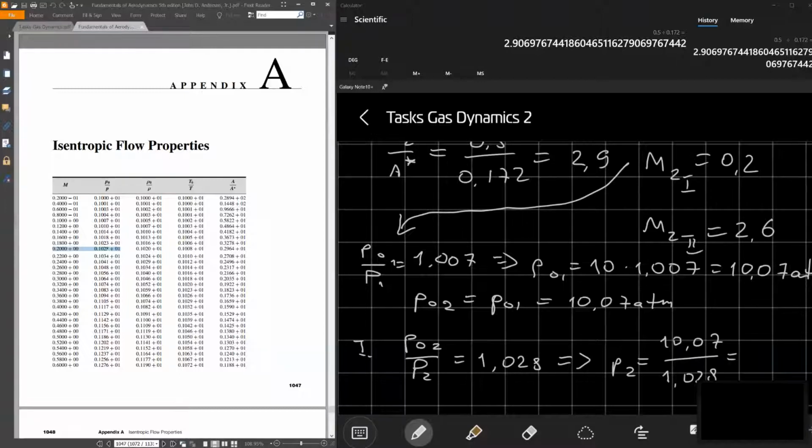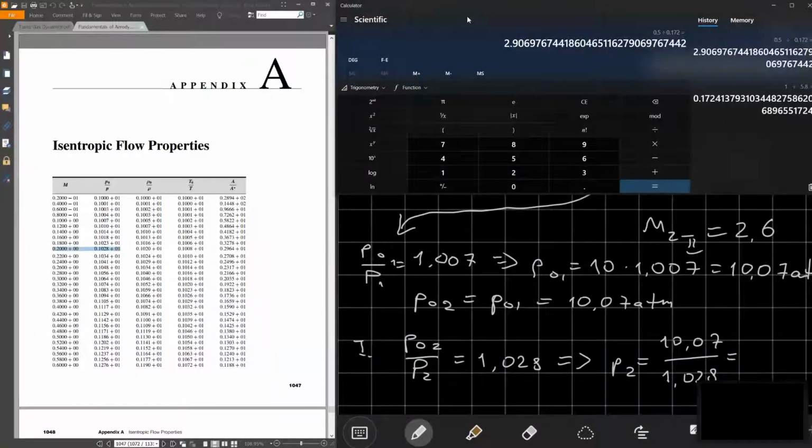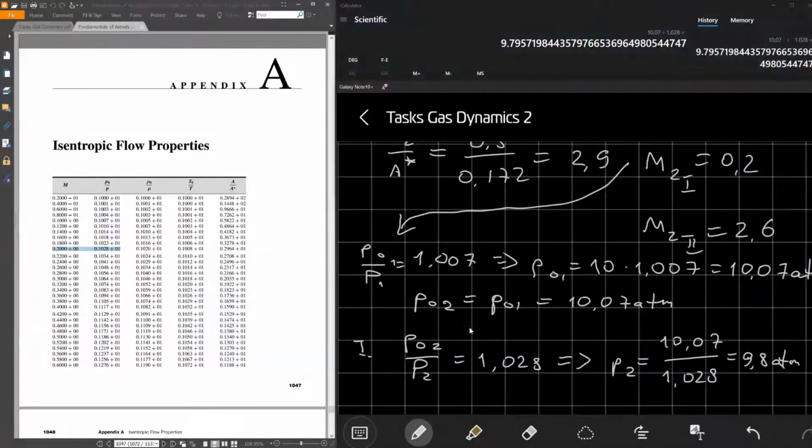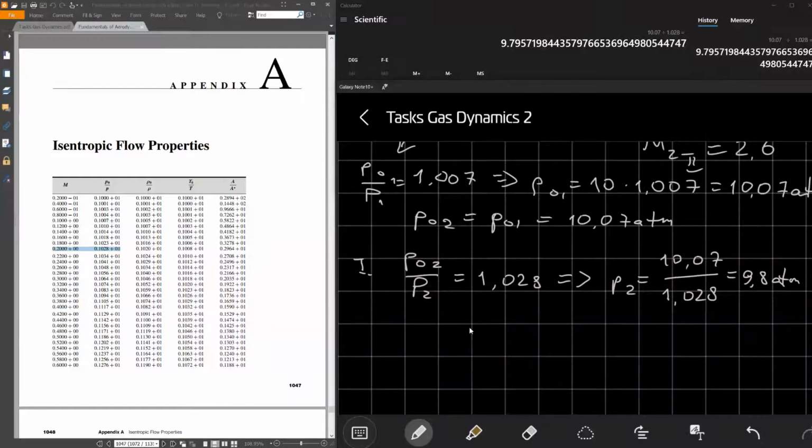And it will be very close to 10 atmospheres since our flow did not accelerate so much, so it did not spend a lot of potential energy for acceleration. 10.07 divided by 1.028, it's basically 9.8. 9.8 atmospheres. This is section 1, subsonic.